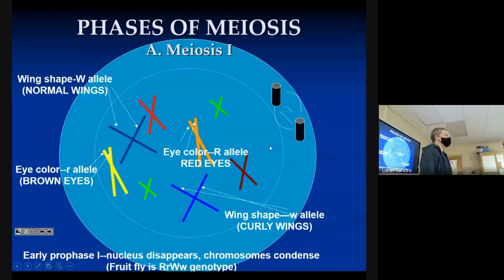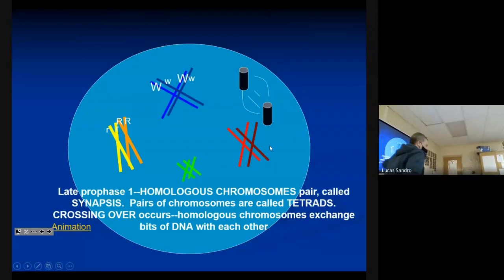And what's weird in meiosis, what's different from mitosis, is the very next thing here. Instead of these guys going straight from this to lining up single file down the middle like they did in mitosis, you remember that, right? What happens instead is they take a minute and they find their partner. Every chromosome, remember, has a homologous paired chromosome. They find each other. In late prophase 1, homologous chromosomes find each other and they stick together.